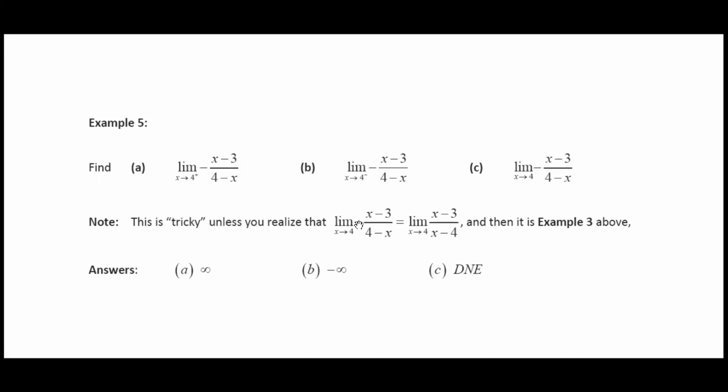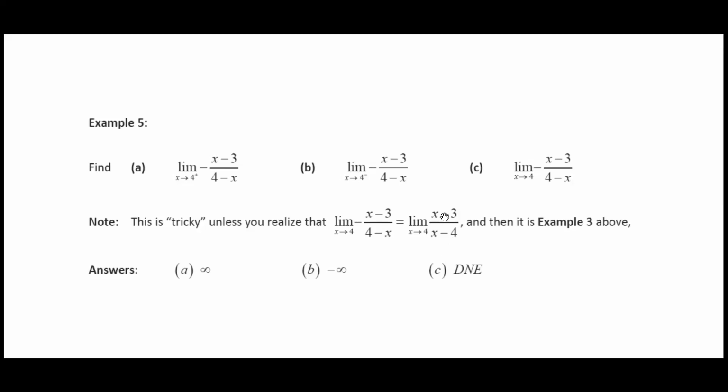A minus sign in front of a fraction, you can remove that minus sign if you change the sign of the numerator or the denominator. So what I'm going to do is leave that numerator alone, and I'm going to multiply the denominator by -1, which makes that -4 plus x, or x minus 4.